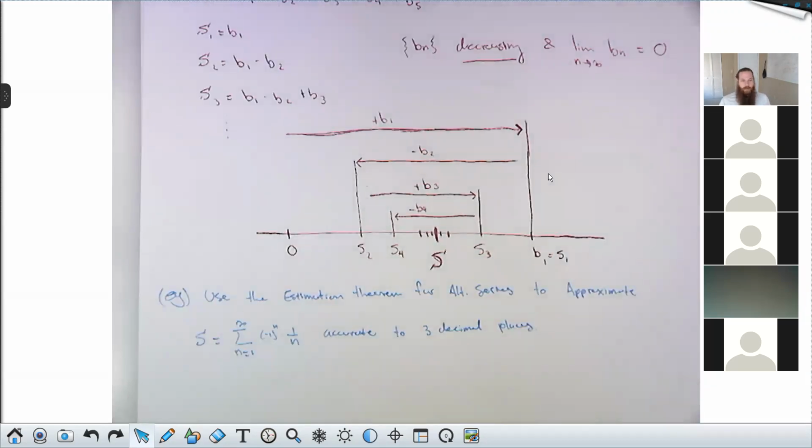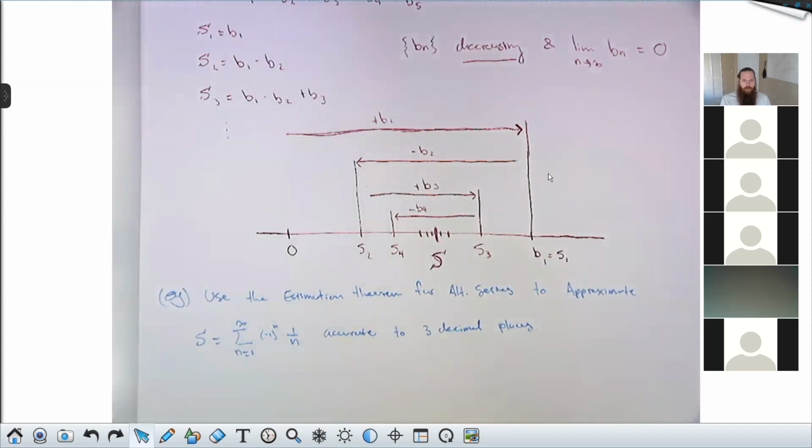I actually know what the exact value of this series is. I can tell you what the exact value of this series is. It's the natural log of 2. And you'll be able to show that and lots of other stuff like that after we've talked about power series. But for now, we don't know that.